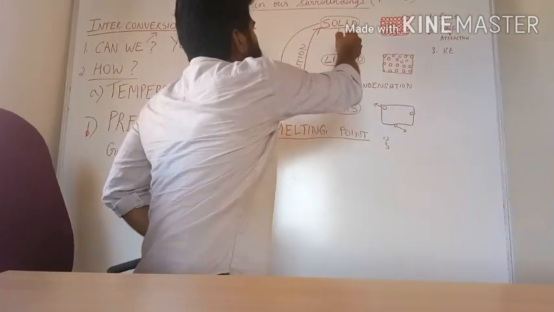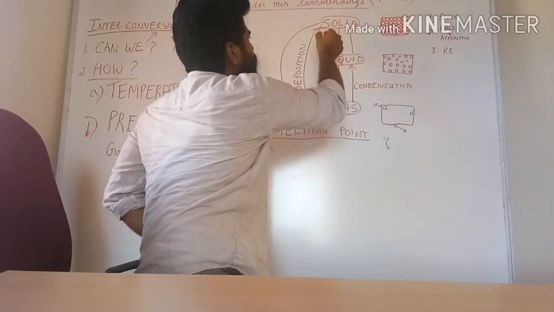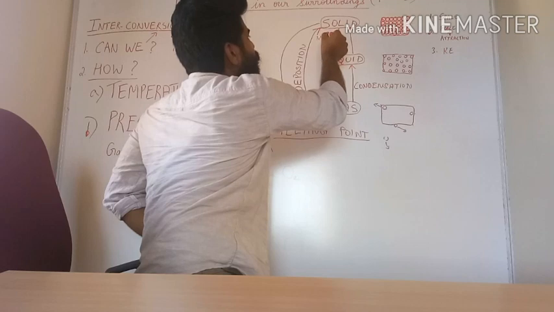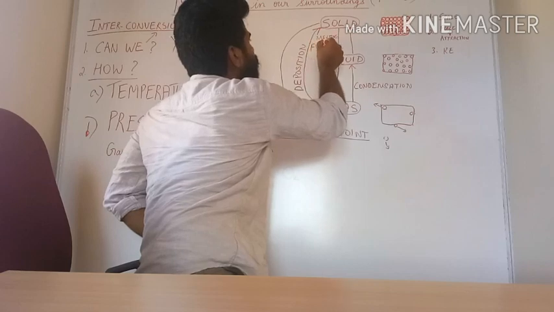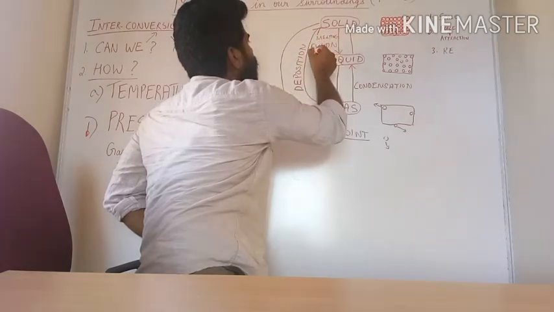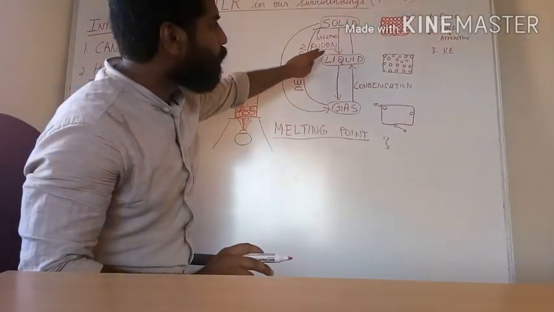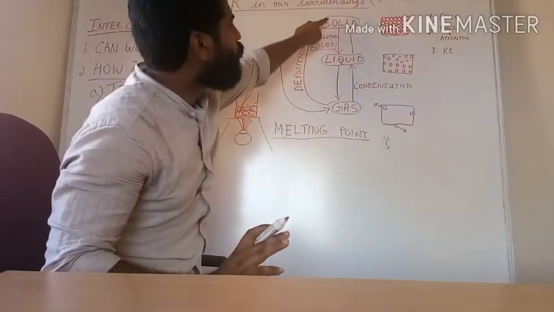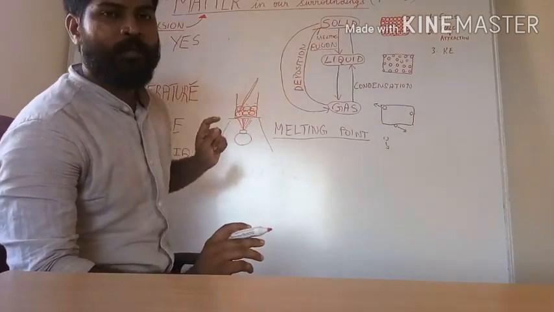So conversion of solid to liquid is called melting, in common terms, in general terms. Scientifically, we use what is called fusion. Melting or fusion is nothing but conversion of solid into liquid.